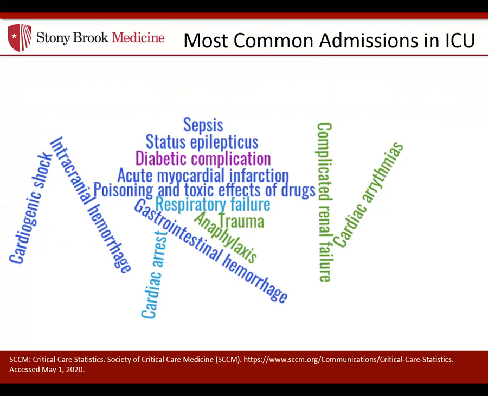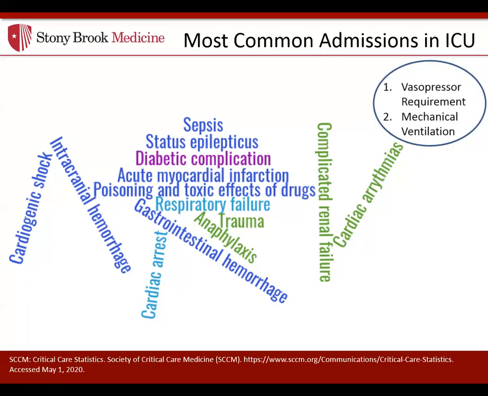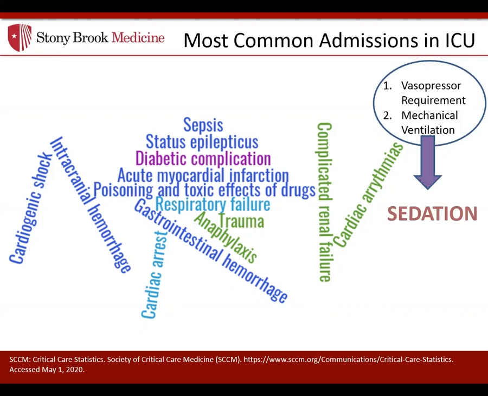The two main requirements that would require a patient's level of care to be upgraded to the ICU are either vasopressor requirements to stabilize systemic circulation, or mechanical ventilation to support the airway and maintain adequate oxygenation. And along with ICU level care might also come the need for either intermittent or continuous sedation due to a specific indication.